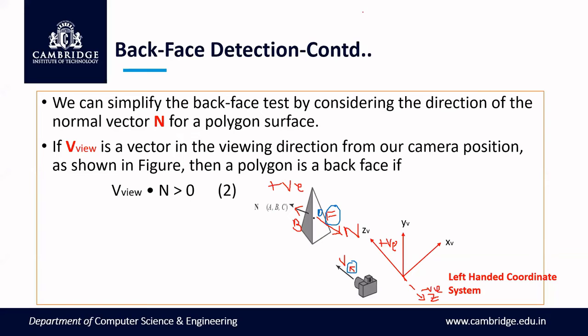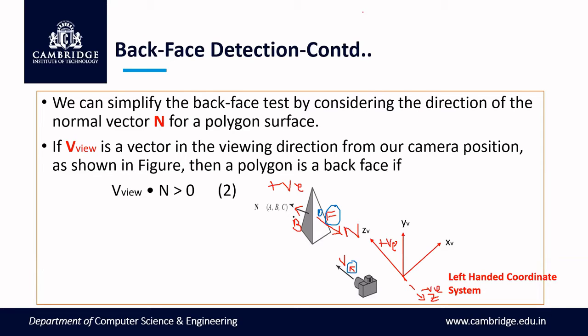It's nothing. See, the object is drawn based on the left-handed coordinate system, right? My left-handed coordinate system is along the z-axis. It is in the direction of the z-axis. Fine.